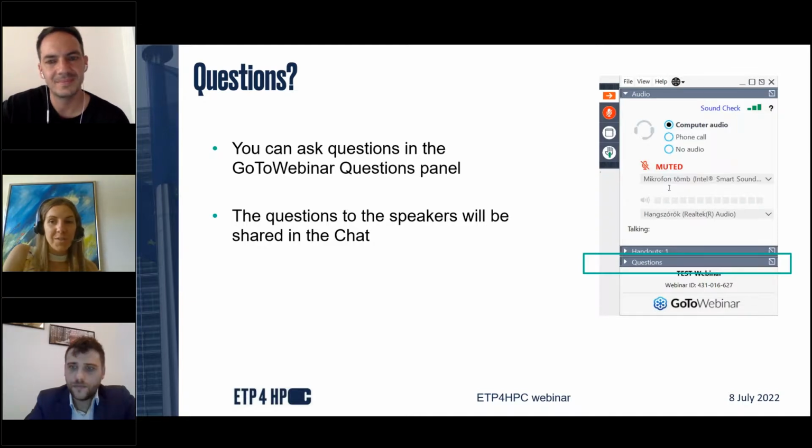Mm-hmm. So I hope we got the answer we were looking for. The next question goes to Emanuele, and Lucas is asking: how much HPC resources did you need to train your models? Less or more than 250,000 hours. So it's a lot of hours.